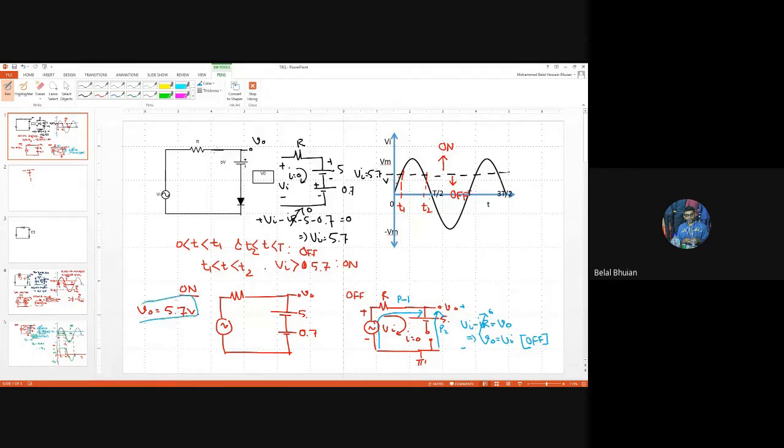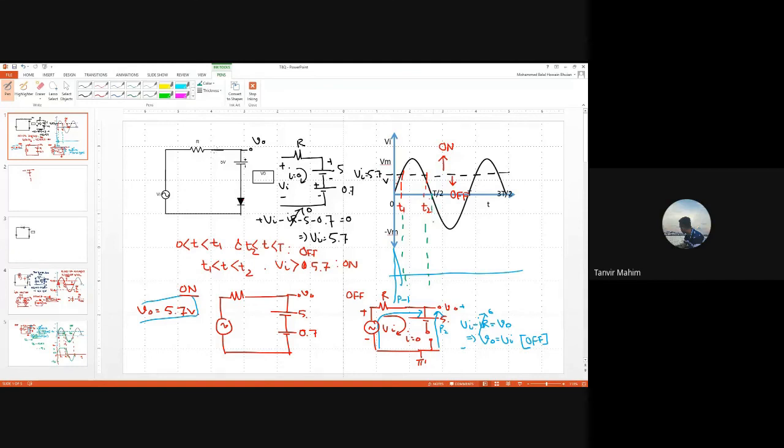So next we are going to draw it. It will be a straight line, just like the transition straight line.